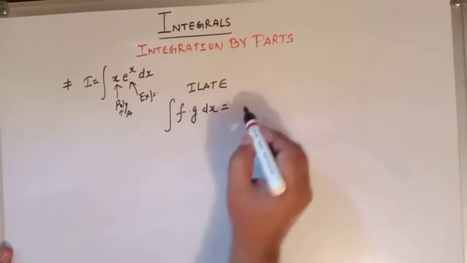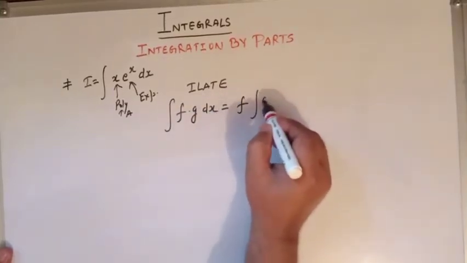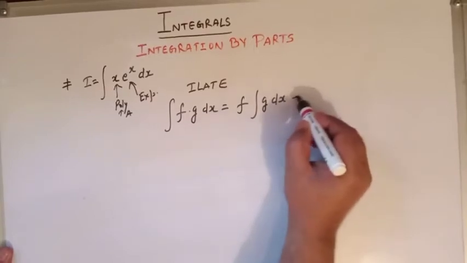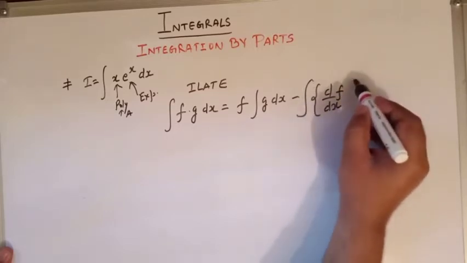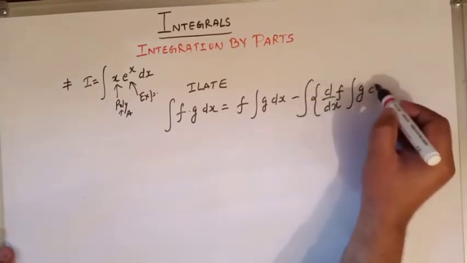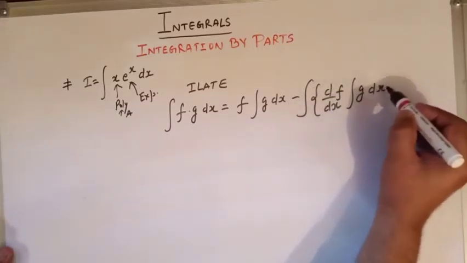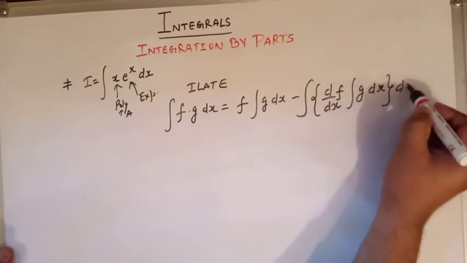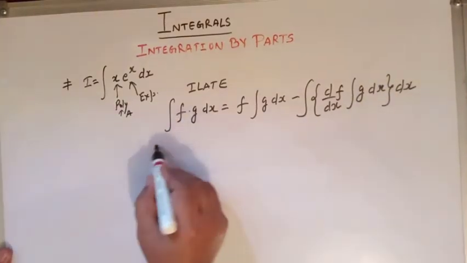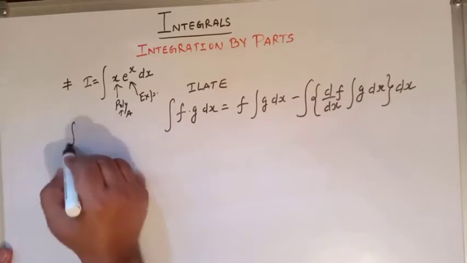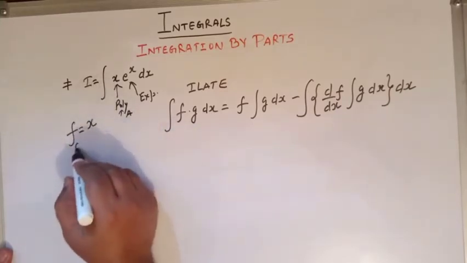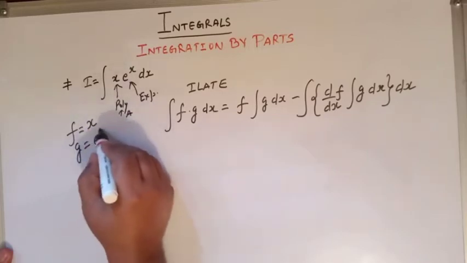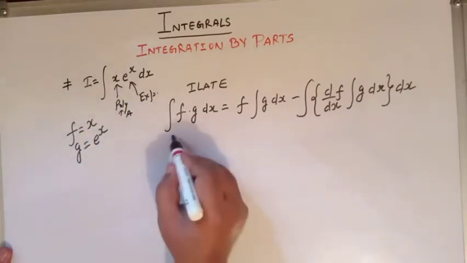Clear? So we have the formula: the integral of the product of f and g is f times the integral of g, minus the integral of the derivative of f times the integral of g, dx. Clear? So here f is the first function, which is x, and g is the second function, which is e raised to x.